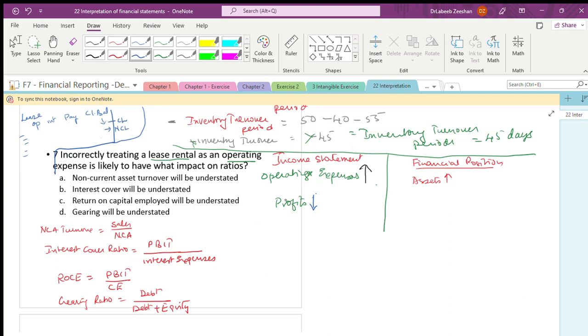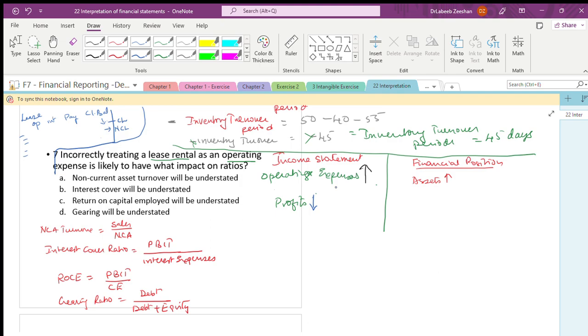What will happen if it is treated as operating expenses, which ratios will get affected? If it is treated as operating expenses, profits will decrease.